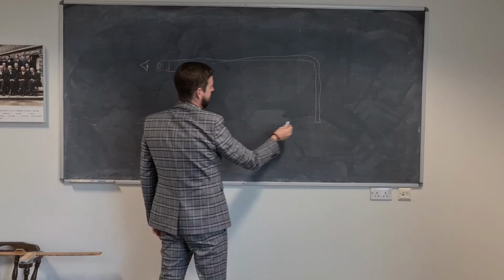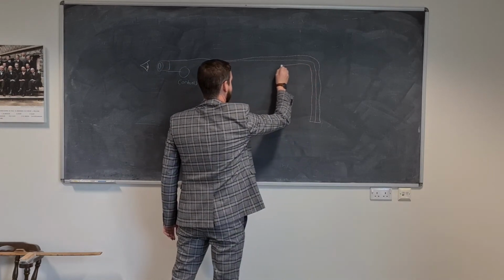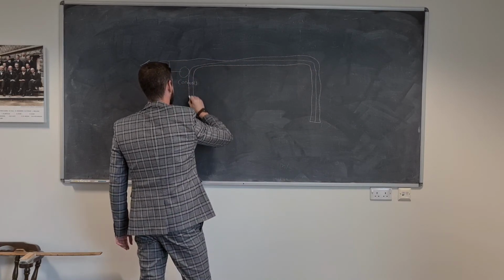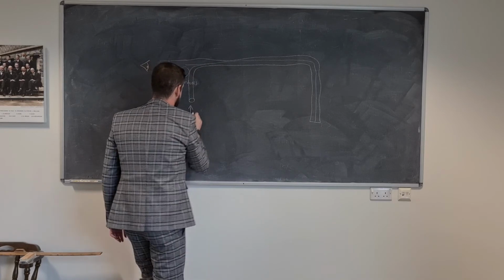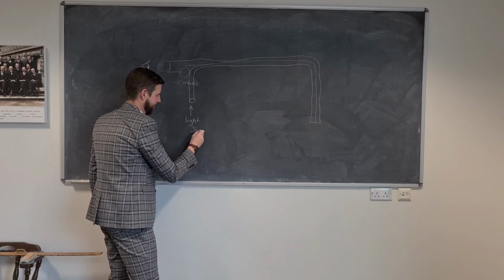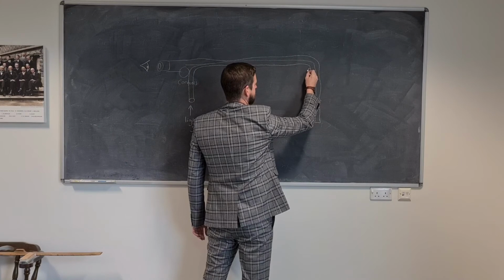But what is interesting is, and I'm going to draw it slightly differently, as if it's two cables that go in. One of them has the light source going in. And you've got to imagine that this is down a person's throat.